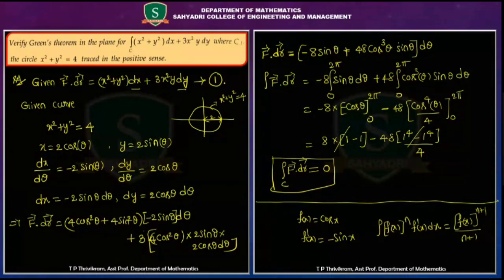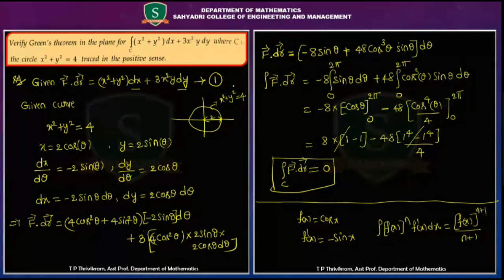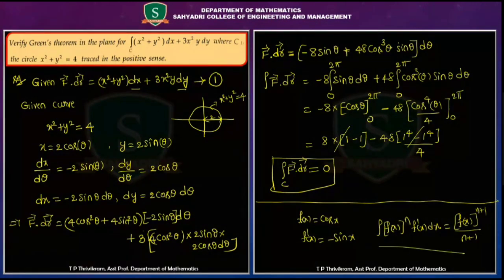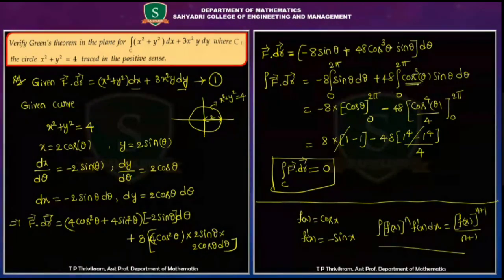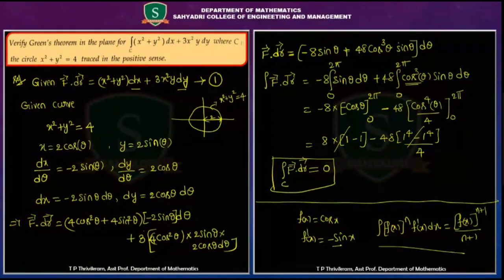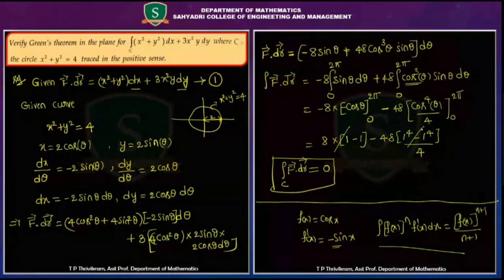Are there any doubts here? All right. So now minus 48. Here, according to this formula, f of x must be cos theta. That means you have taken this as cos theta. So f dash of x must be minus sin theta. Then only you can apply this integral.